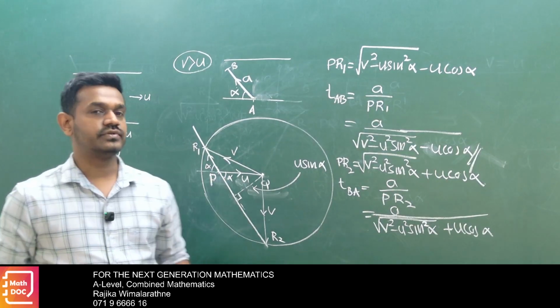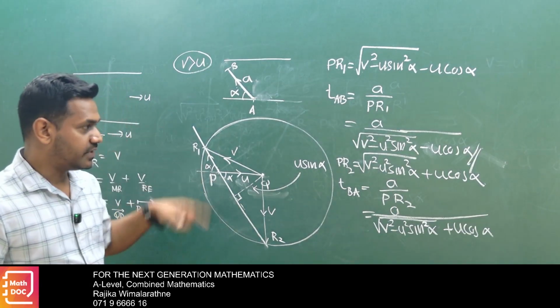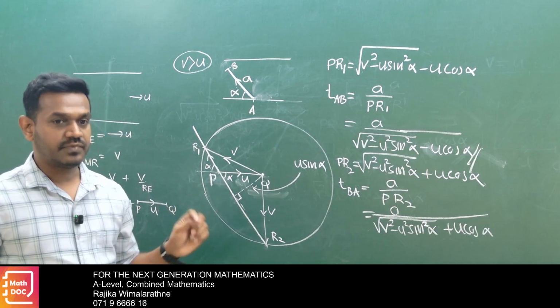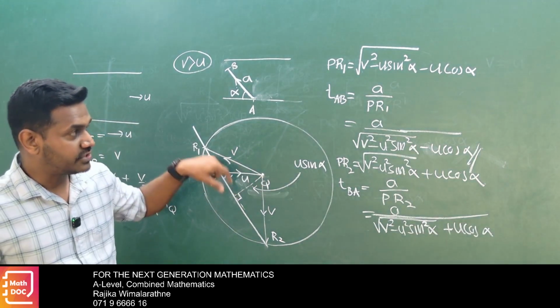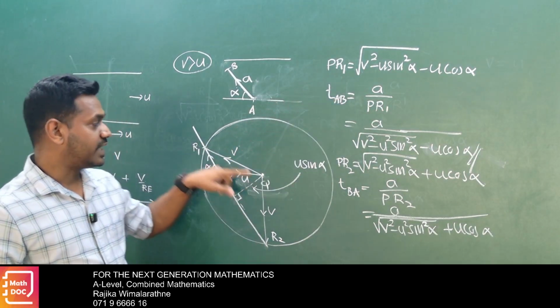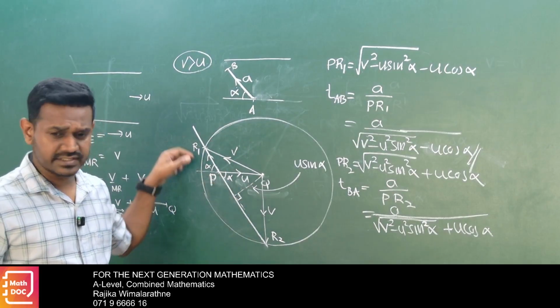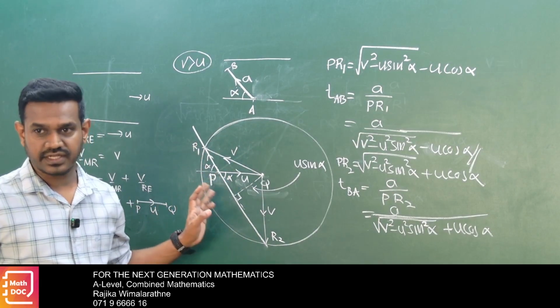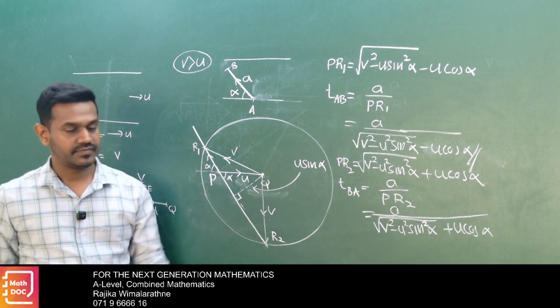Then you know how to sketch the circle, and you know how to get the corresponding values for each case. This is a very important technique, a very short method when finding resultant velocity. Otherwise you can consider a triangle, any other geometry, sine rule, cosine rule, whatever it is. But the best technique is that. Okay, complete.